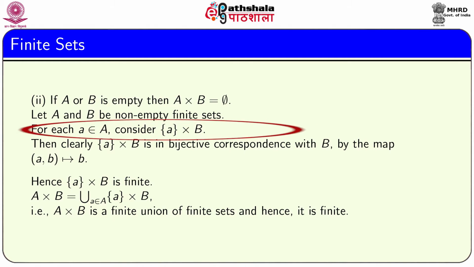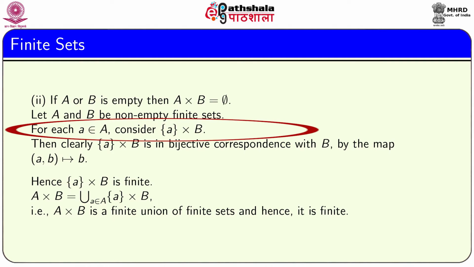For each a, consider the set singleton a cross B. Clearly singleton a cross B is in bijective correspondence with the set B by the map pair (a, b) going to the point b.